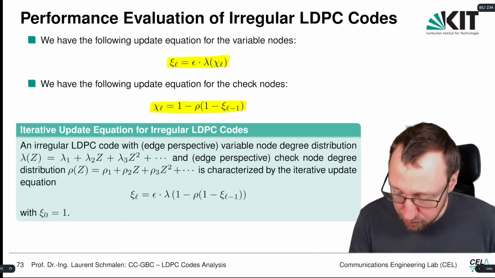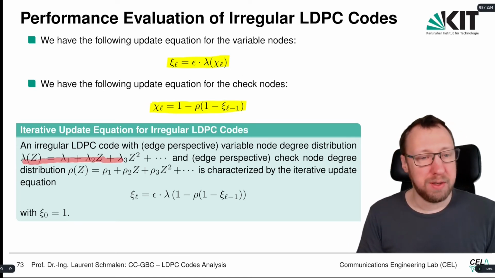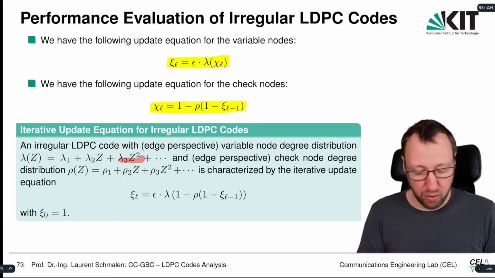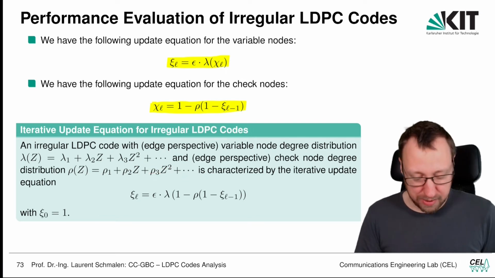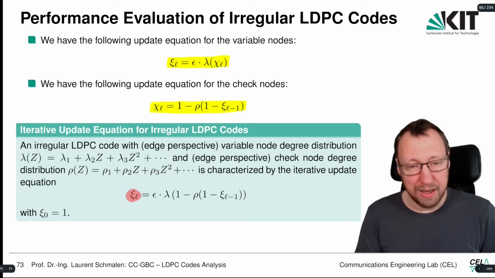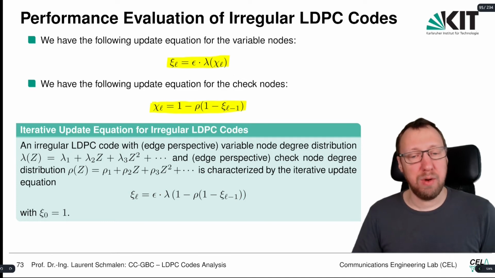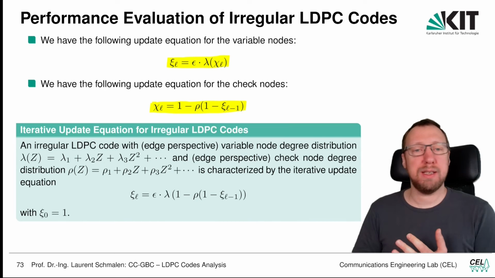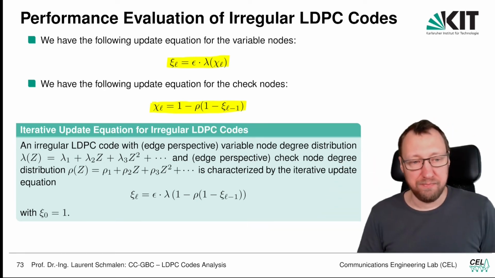An irregular code with variable node degree distribution from the edge perspective given by lambda of z, and check node degree distribution given by rho of z, has the iterative update equation given as follows: c^(l) is equal to epsilon times lambda of 1 minus rho of 1 minus c^(l-1). It looks very similar, but now instead of having exponents, we have more generalized polynomials.